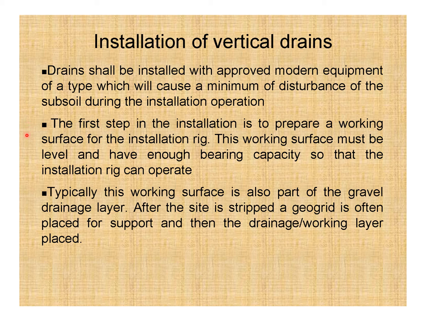The working surface must be level and have enough bearing capacity so that the installation rig can operate. Typically, this working surface is also part of the gravel drainage layer. After the site is stripped, a geogrid is often placed for support and then the drainage or working layer is placed.